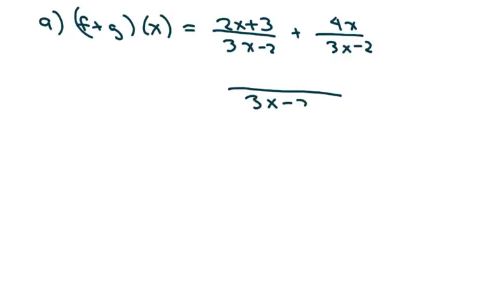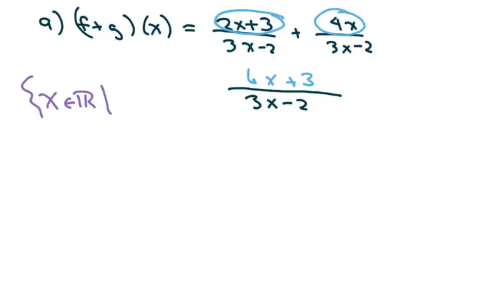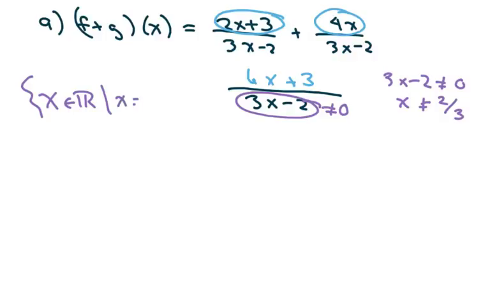So we get 3x minus 2, and we can just add these. That's going to be 6x plus 3. And the domain, we want it to be all real numbers, but we have this fraction here. We know that can't equal 0. So when we set this to not equal to 0, we get x cannot be 2 over 3. So it can be everything, but x cannot be 2 over 3.